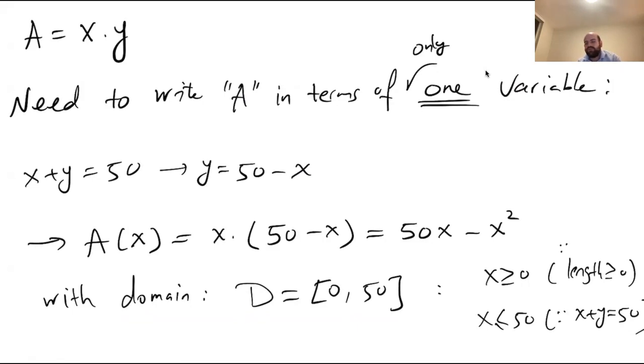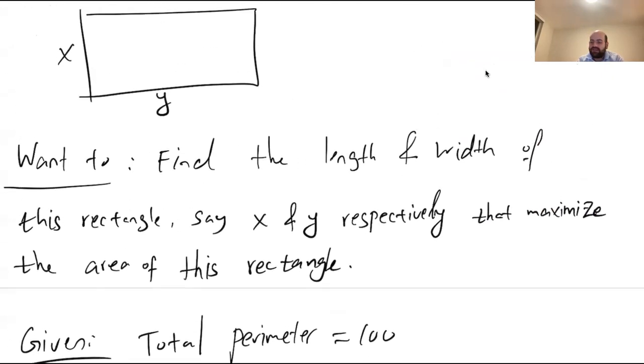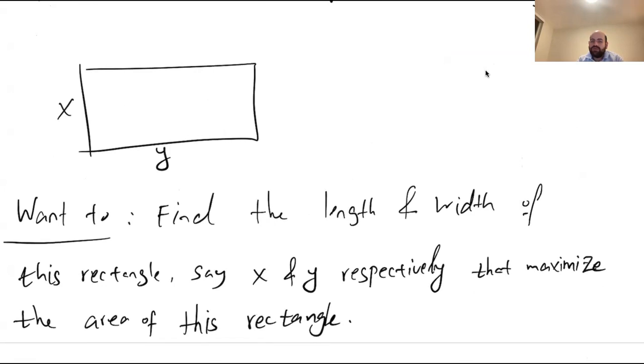Domain means the set of all inputs. What are the possible values for X? Well, what was X? X was the length of the rectangle. The length of the rectangle for sure is non-negative, right? The length cannot be negative. So it's bigger than or equal to 0. And it will be at most 50.